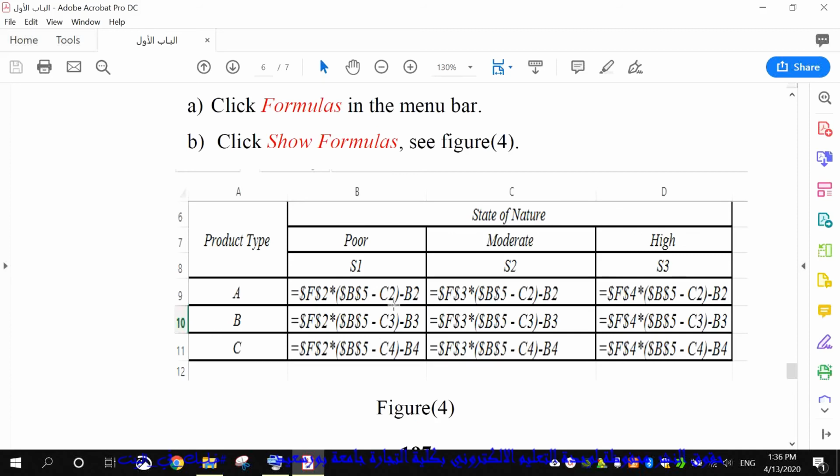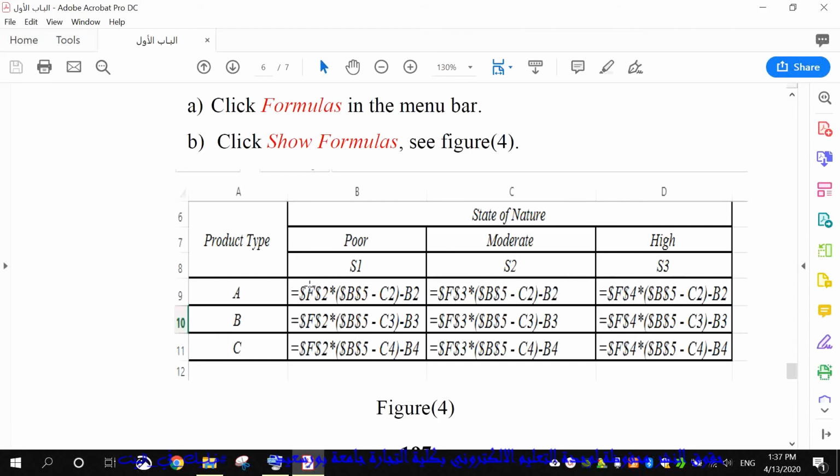So by clicking and dragging, the cell C2 changes into C3, and B2 changes into B3, and in case of C, C3 changes into C4, and B3 changes into B4. But F2 and B5 are still constant when clicking and dragging the autofill.